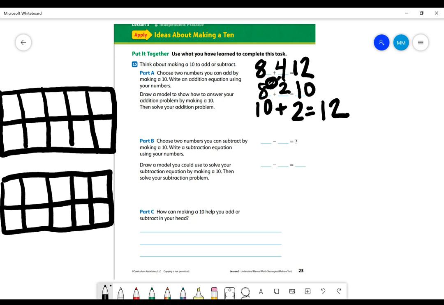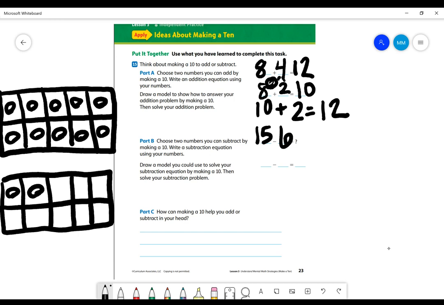All right, so here is what I am thinking for a subtraction problem. I'm thinking we're going to start with 15, and we're going to take away 6. This time, I'm going to draw 15 as my whole. So I know I have 10 and then 5 more.